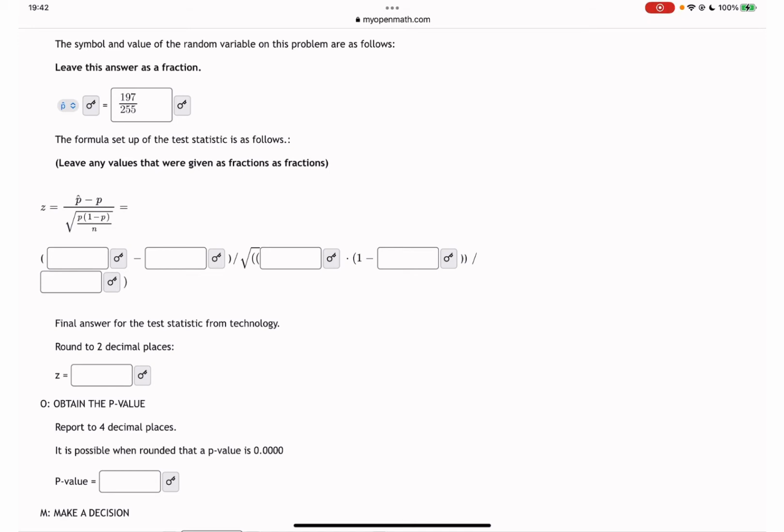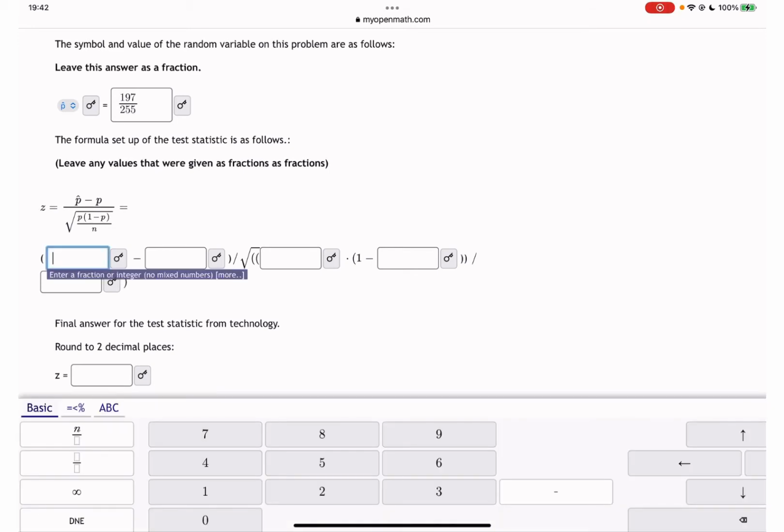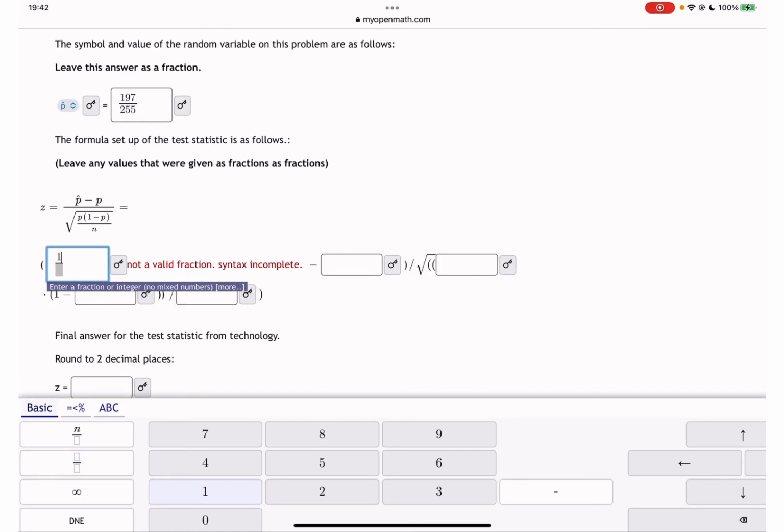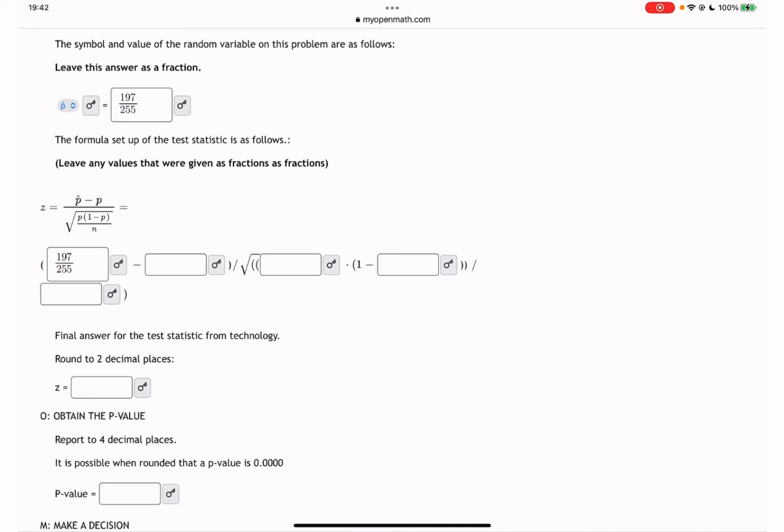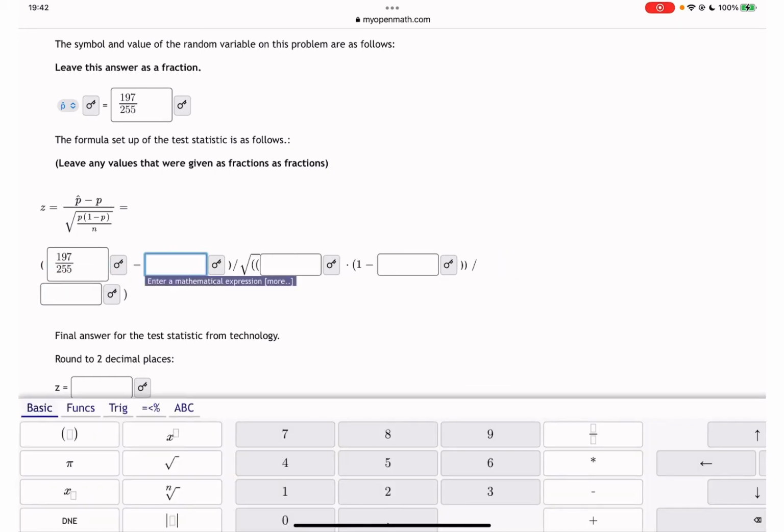Our p hat is what we got previously, 197 over 255, right? And then minus p. Our probability p is 0.81, remember?